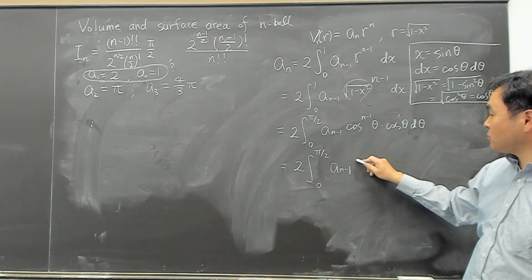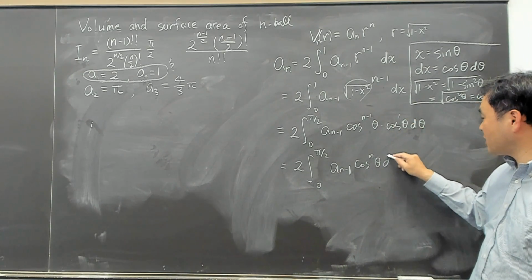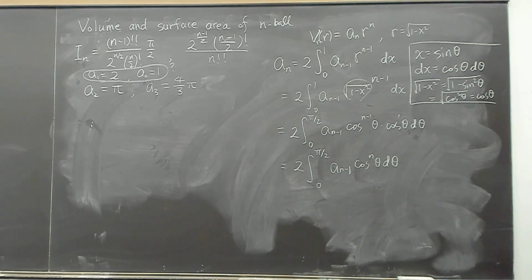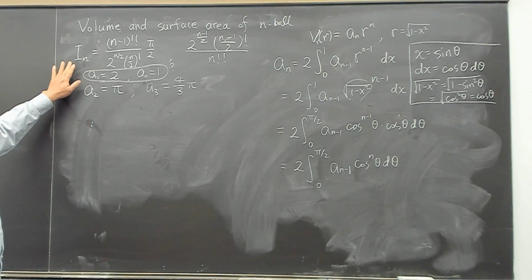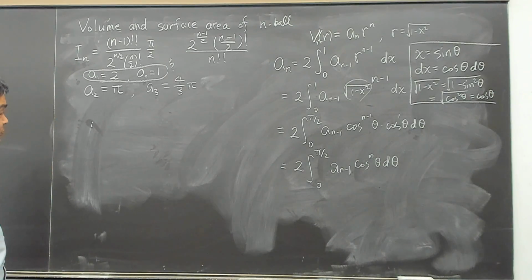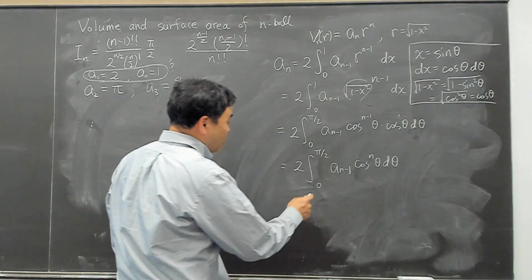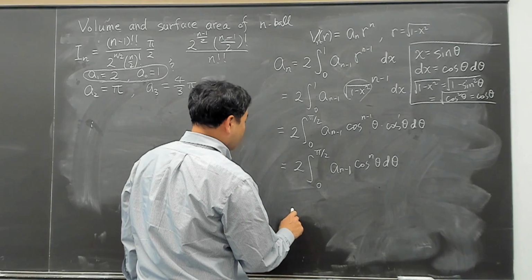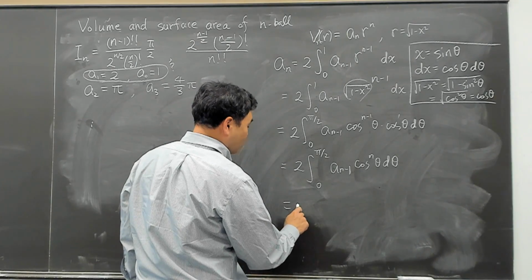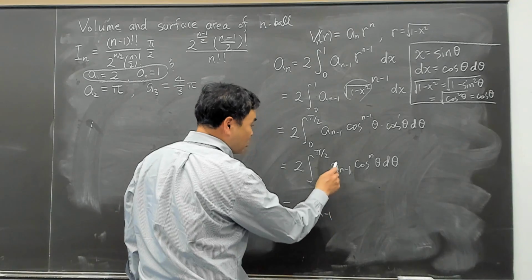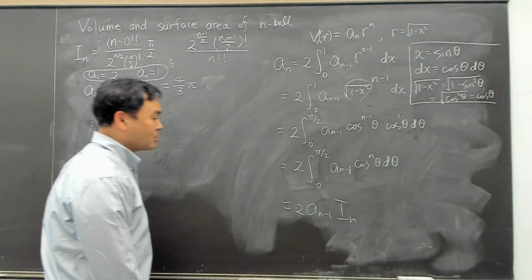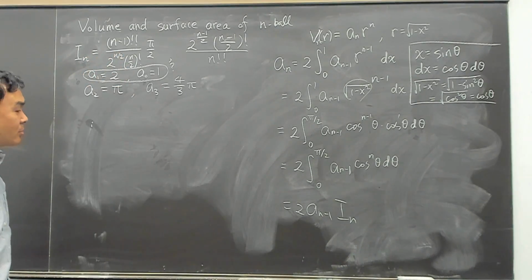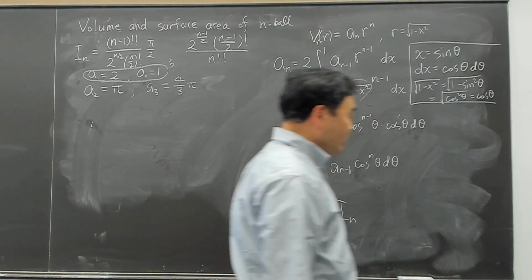If you add these two, you get cosine to the nth power theta d theta. And actually, this is where it gets painful, but we did the harder parts first, so we know that the answer to that is here, right? So we can rewrite this as 2 times a n minus 1. Pull this a n minus 1 out, and this integral, we know that it's I n, where it's this one, okay?